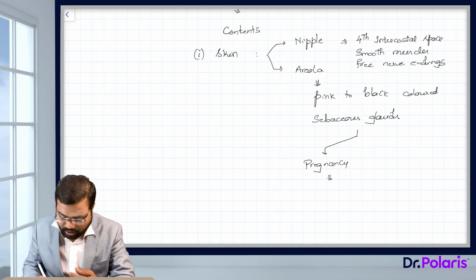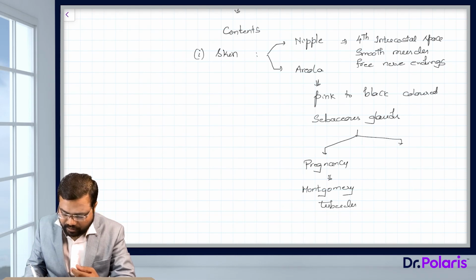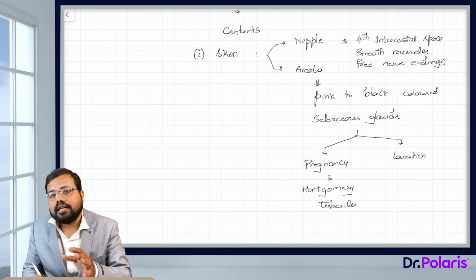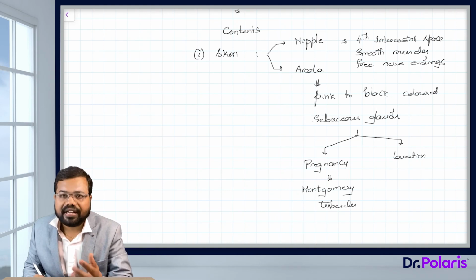After the enlargement they are called Montgomery tubercles. Why do they have to enlarge? Because during lactation they have to secrete so much so that the nipple and areola do not crack due to dryness.